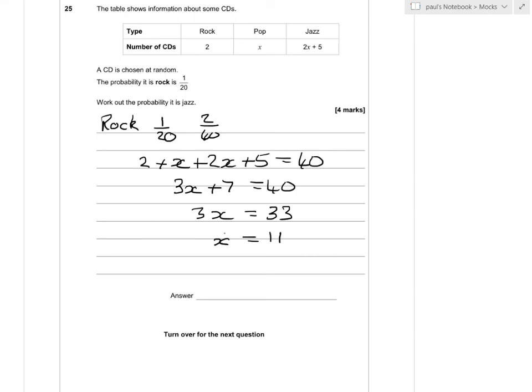Now we've got the probability that it's jazz. So jazz is 2 times 11 plus 5 out of 40, which is 27 out of 40 for the jazz. 27 out of 40, the probability. Next question.